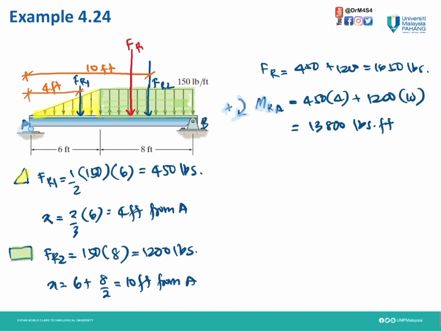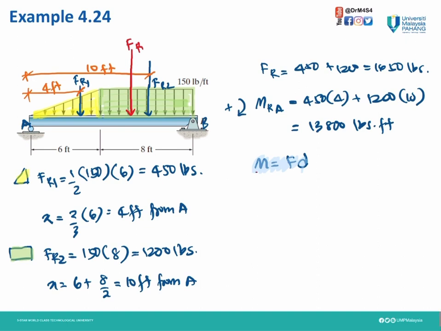That means FR1 with magnitude of 450 times 4 feet plus 1,200 for FR2 times 10 feet to point A. Then we get our MRA is 13,800 pound-feet.